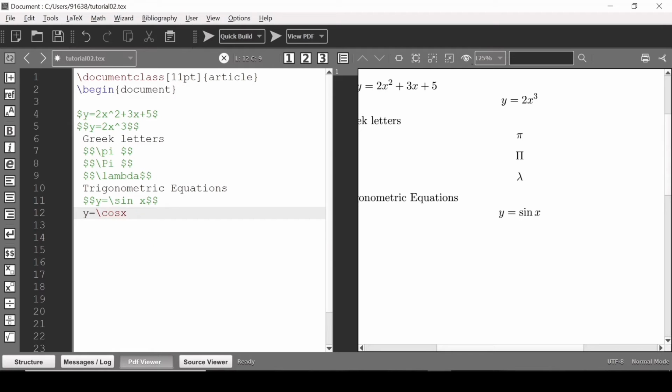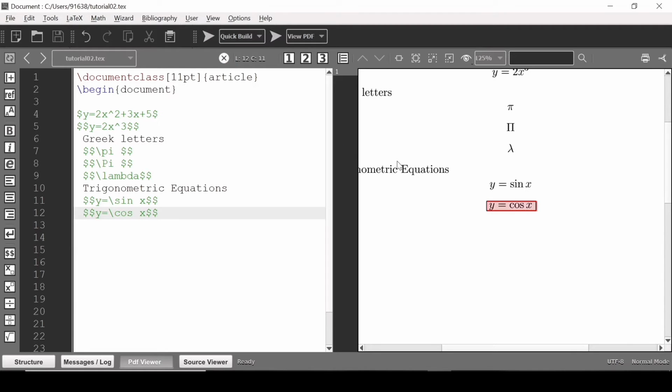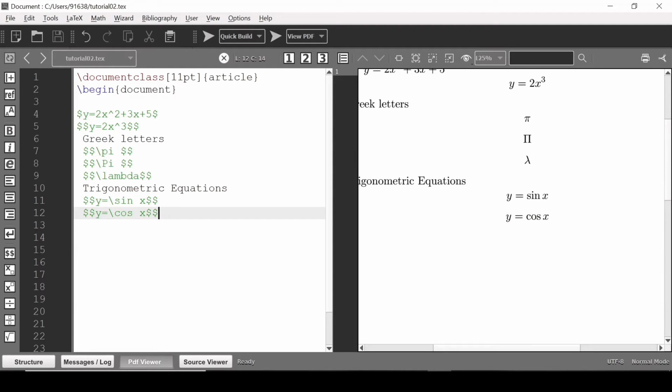And like this, you can write y equals cos of x. Sorry, cos of x. Again in a double dollar sign, and you can see the result. If you want to write, let's say, y equals cos of, or sine of, or cosec of theta, you know theta is a Greek letter, so you should put a backslash.